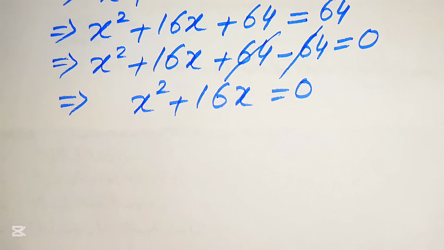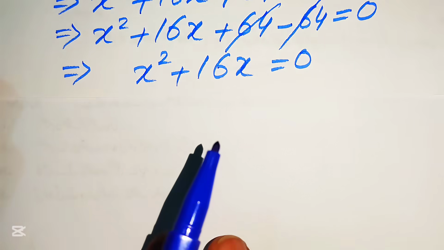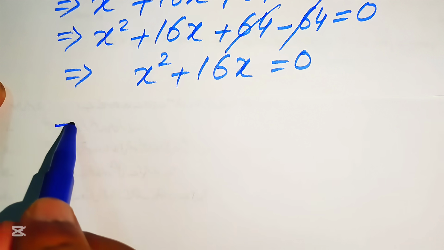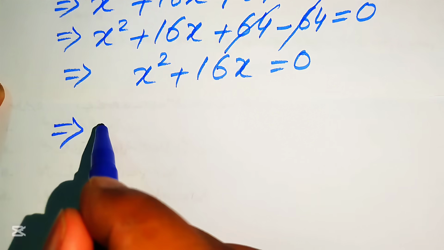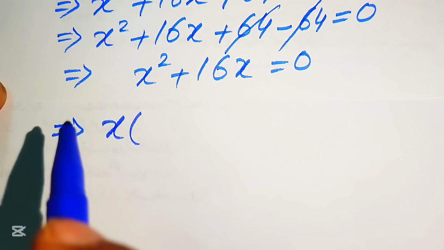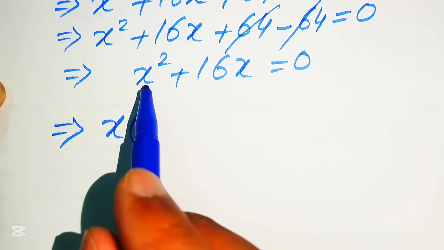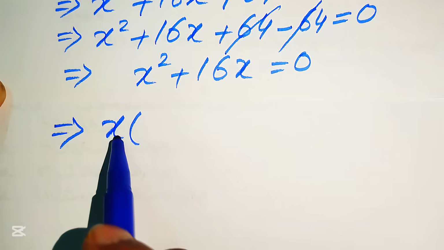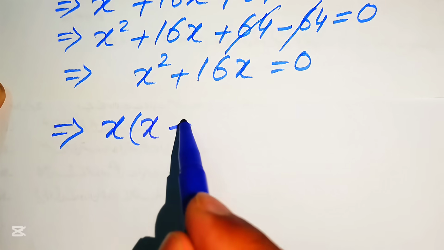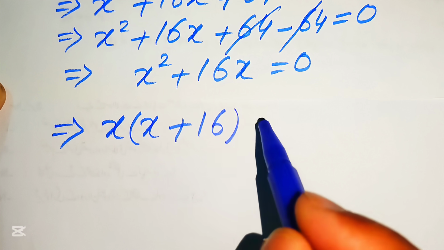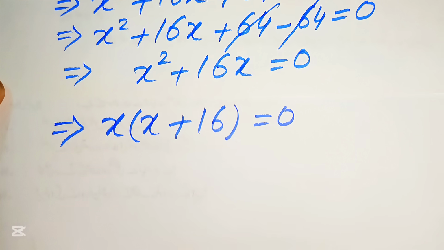So here we can easily make the factors of this equation, and if you focus here, you see that x is the common term in both of these terms. So we take common x, and when you take common x, we get the remaining values. This x square means we have two x's, so when you take common 1x, we get x here, and plus 16 equals 0.